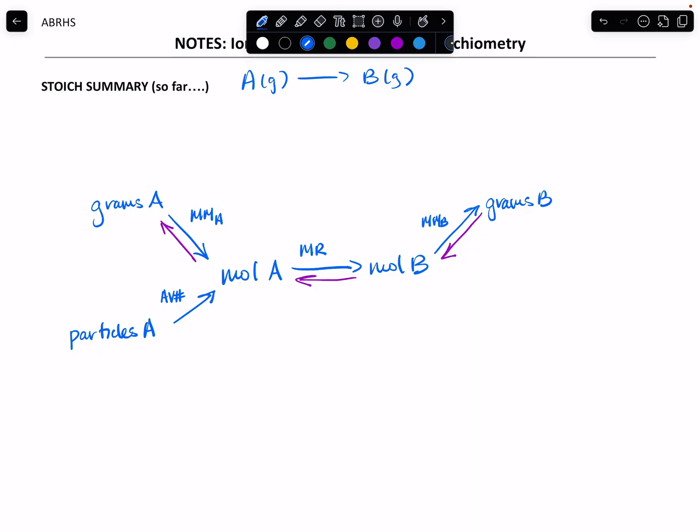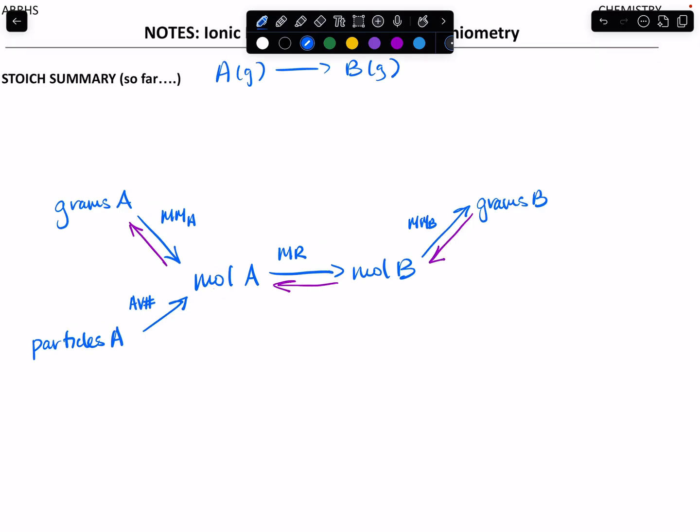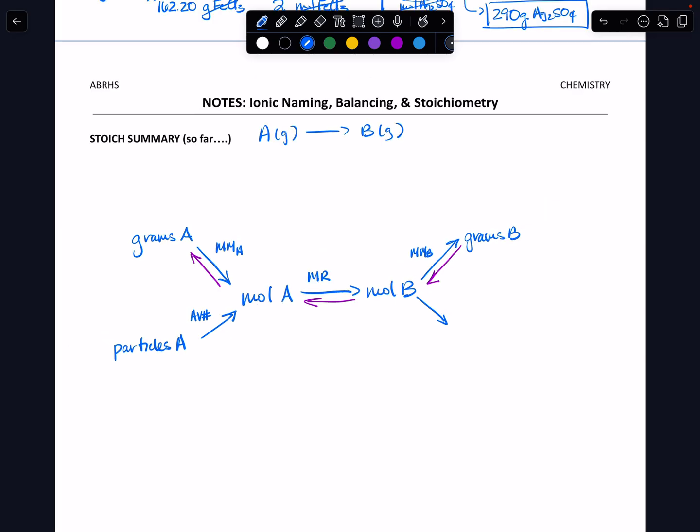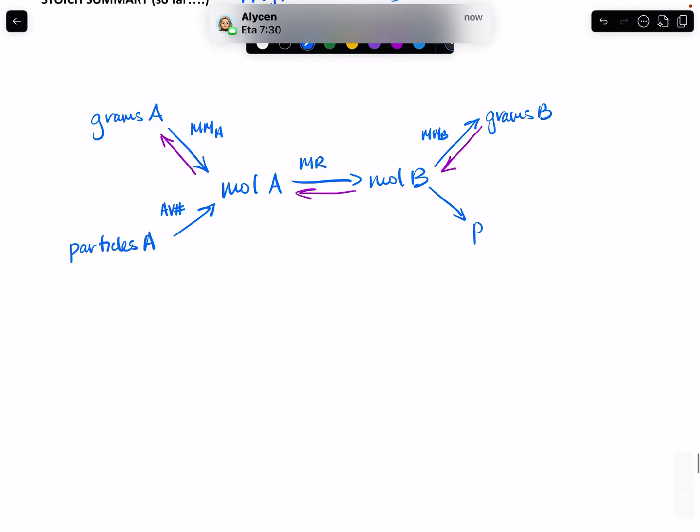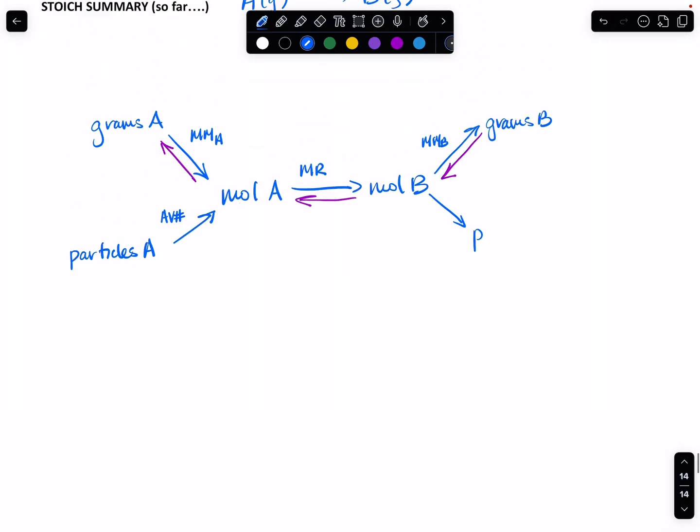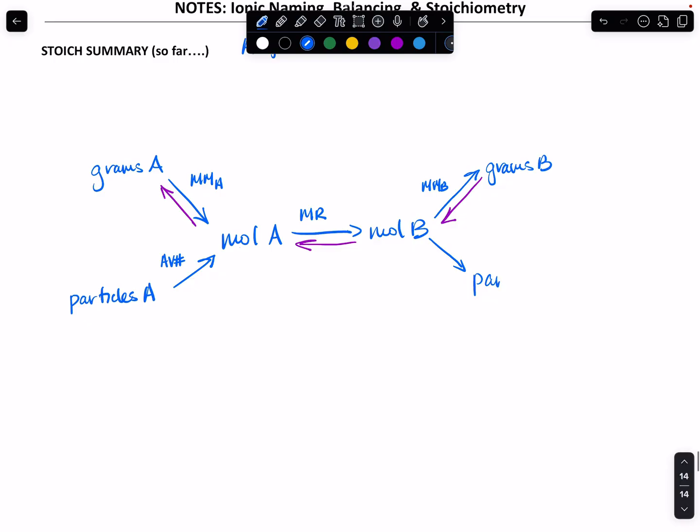And we can go to moles of A and then do a mole ratio step to moles of B, and then we could go to grams of B if we wanted. Or maybe the problem then asks us to convert to particles of B. All right, and again, we would need Avogadro's number to make that happen.